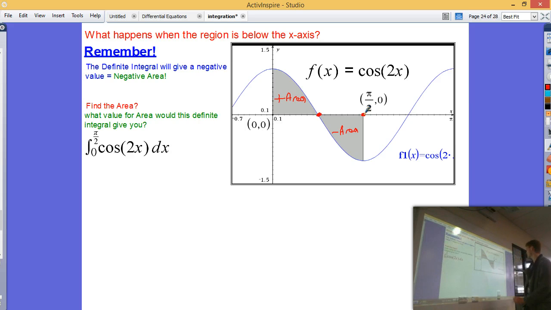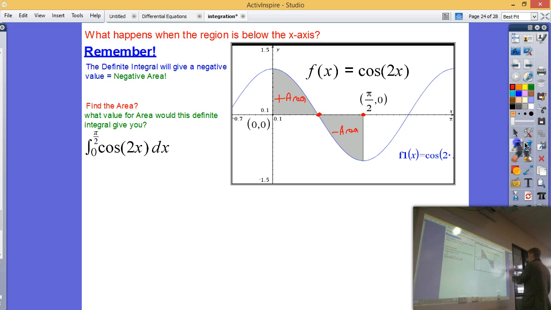So let's go ahead and find the area using a definite integral. We've got a cos graph, and just by looking at the sketch, it looks like I've got two regions of roughly the same kind of shape. I've got one from the maximum of the cos down to the x-axis intercept, and then from the x-axis intercept down to a minimum.